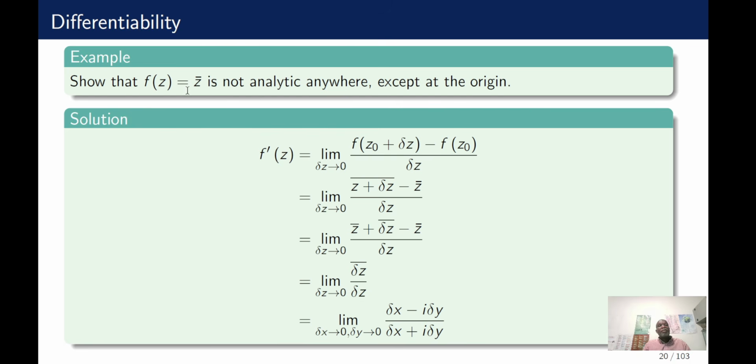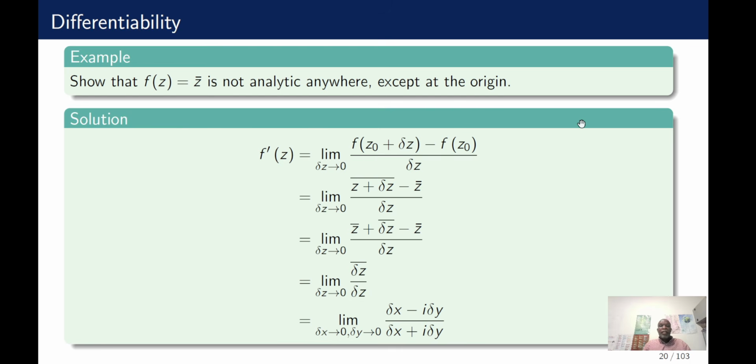You take your f of z and then find its conjugate. So you want to check whether that function is analytic. We are showing here that it's not analytic anywhere except at the origin. It means that this function has a derivative only at the origin, but not elsewhere.